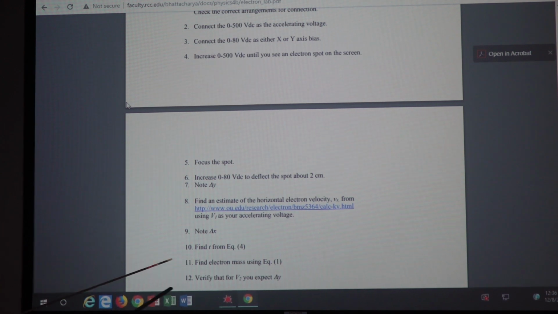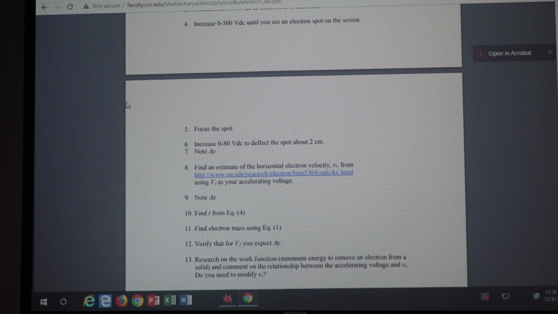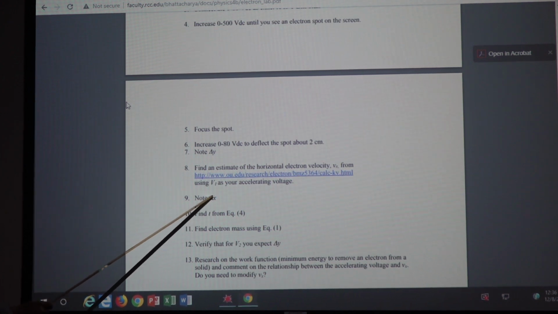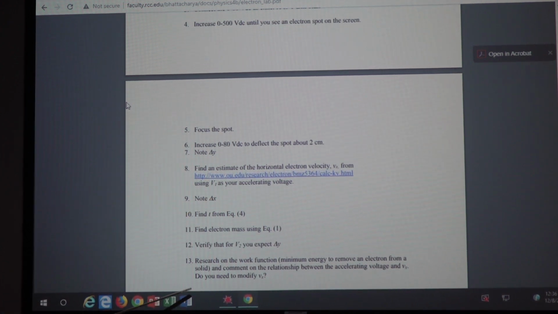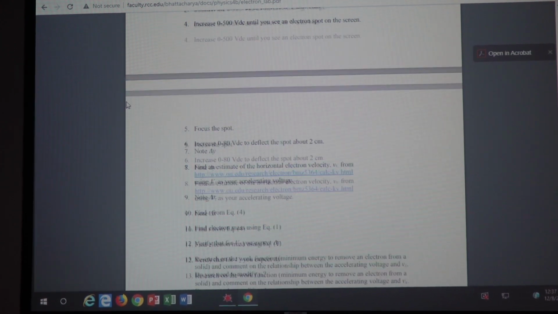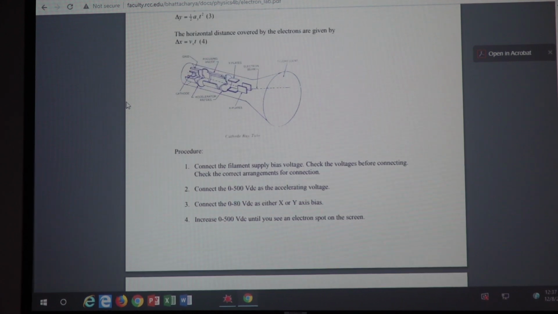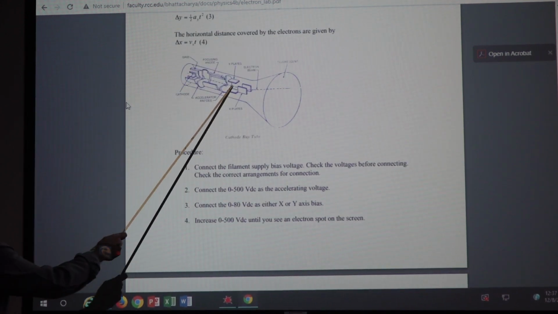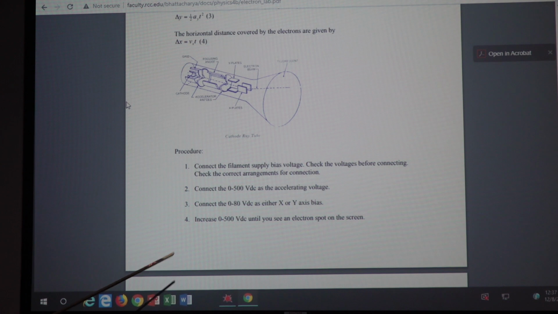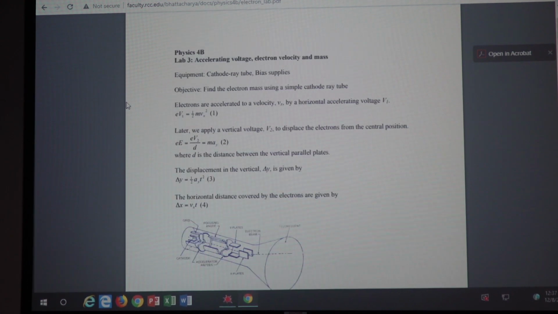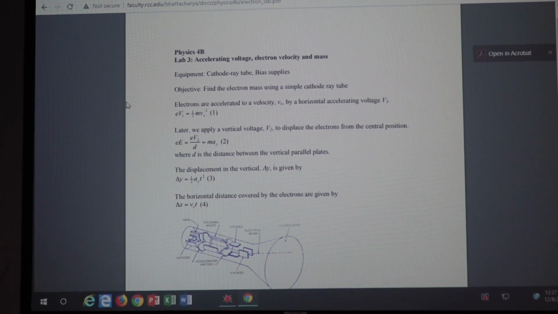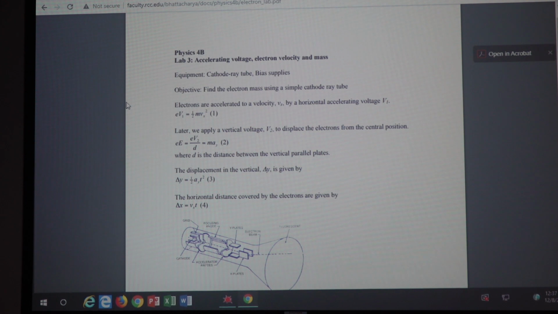That's about it, except that I need to give you a couple of things. I will give you this delta x, and I will also give you this d, this distance right over there. And from those, you're going to find out ay and the time. That's basically our goal for this experiment.